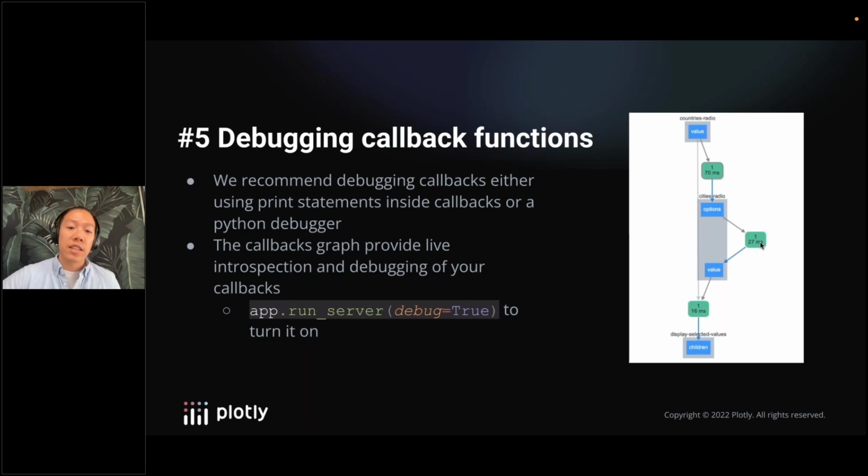That last one is actually especially helpful because it can help you identify performance bottlenecks in your callbacks as well. So take a look through the documentation on dev tools in our open source docs for more information on the callback graph.